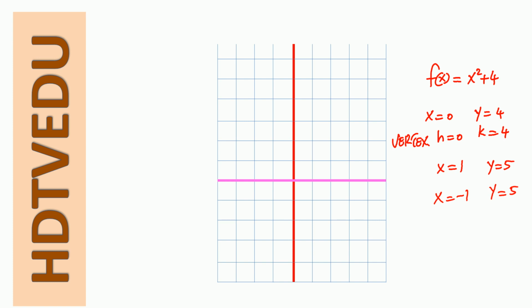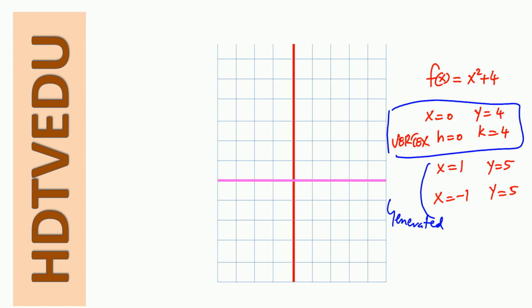So if you plot those three, we have the graph. We knew the vertex, and we generated those two. So x equals 0, y is equal to 4. 1, 2, 3, 4. So that is our vertex.